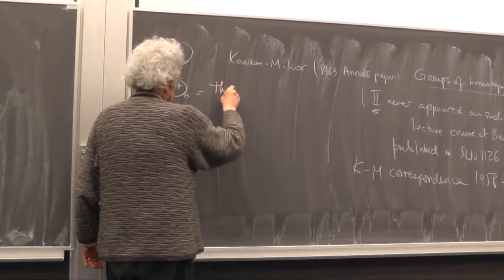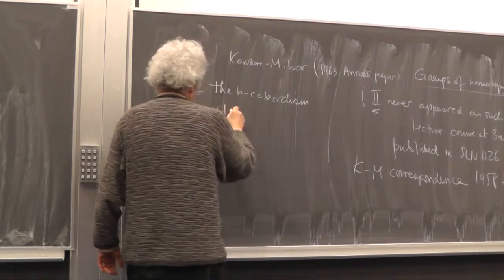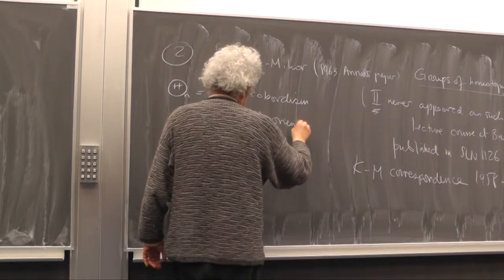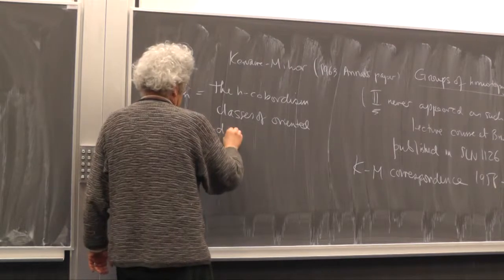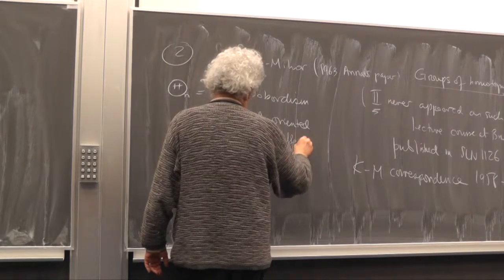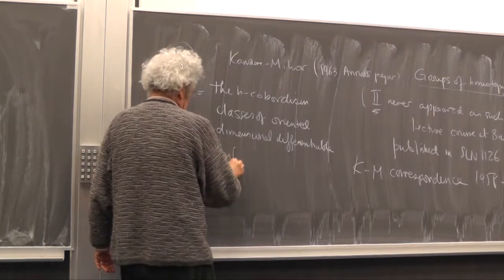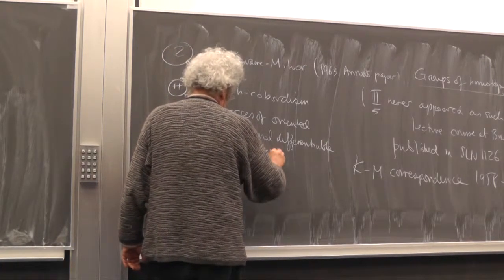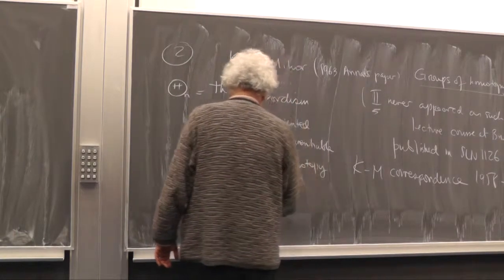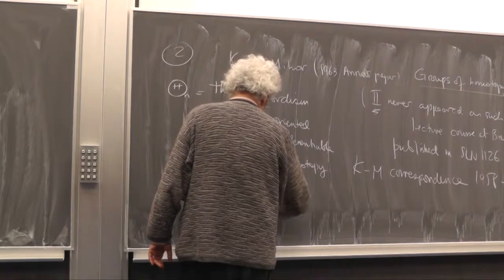So the h-cobordism classes of oriented n-dimensional differentiable, that's very important, manifolds sigma n homotopy equivalent to S^n.